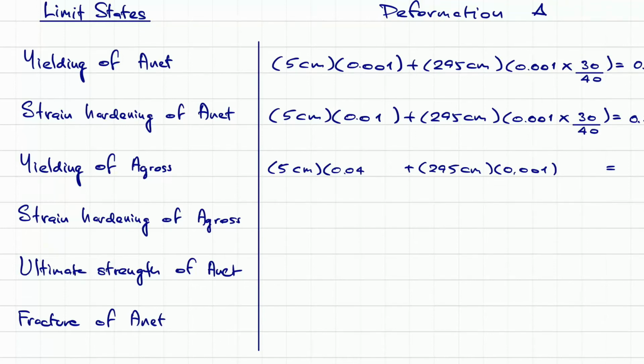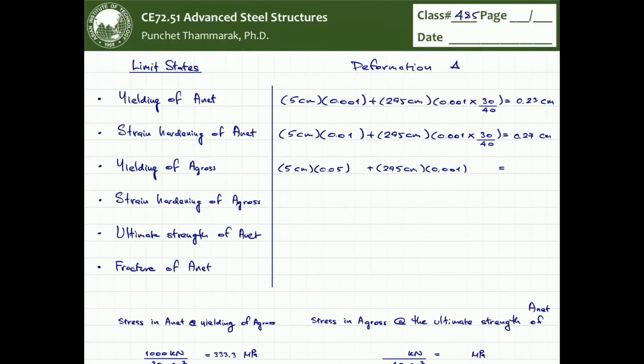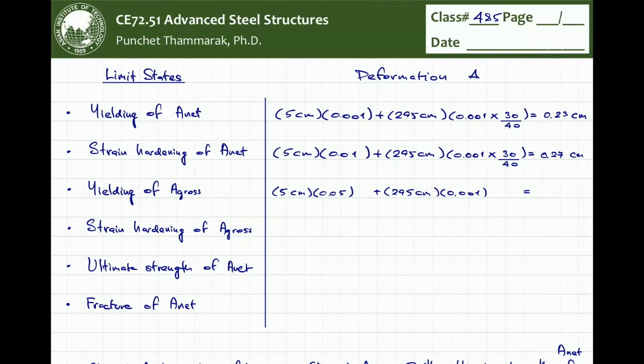Okay, let's make it 0.05. 5 times 0.05 plus 295 times 0.05, okay, that gives 0.545. Then it turns out to be 0.595.